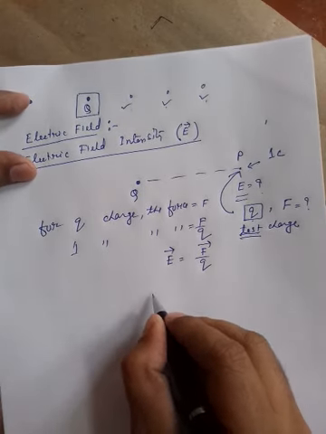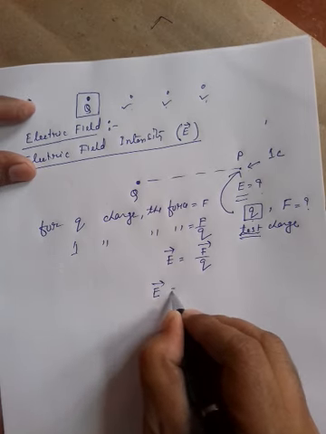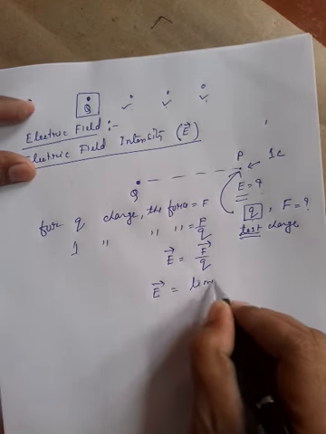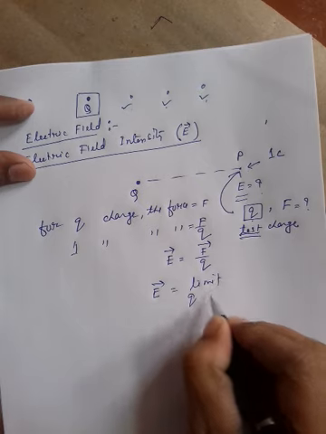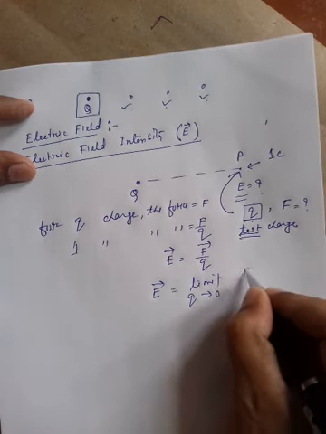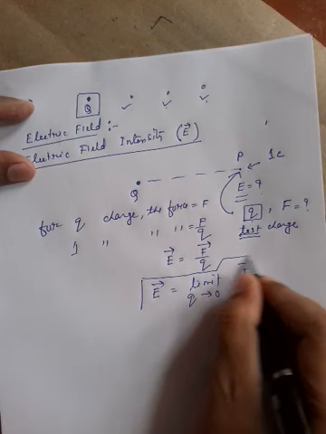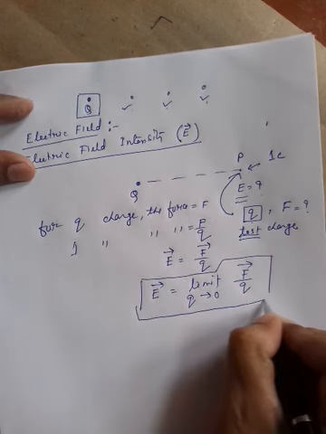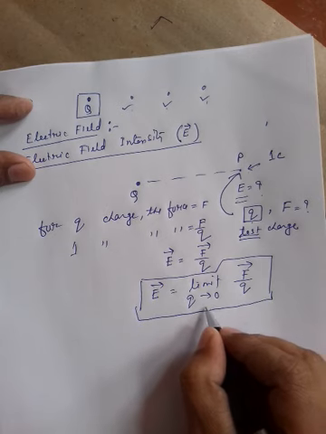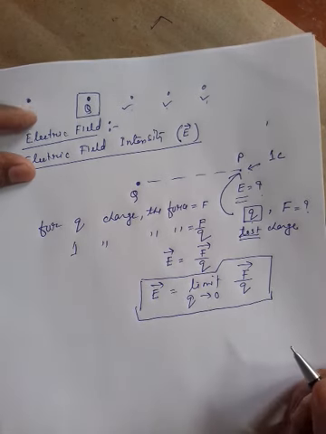So the best definition is: electric field is the limit as q tends to 0 of F by Q. Electric field is the same F by Q, but we are writing some property of this charge: this charge should be very small.